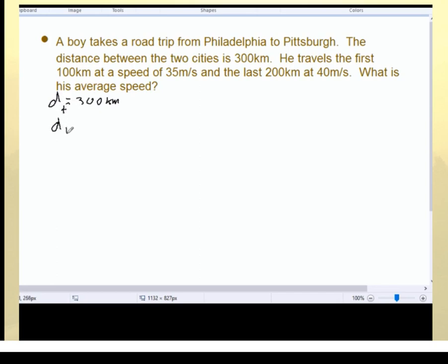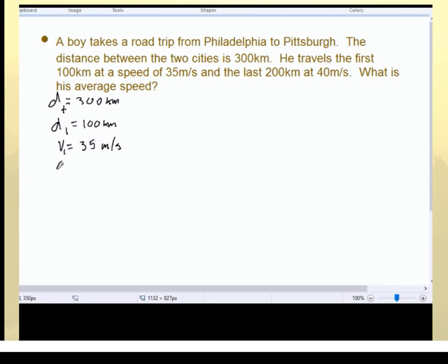The first leg of the trip, I'll call it d1, is 100 kilometers. Okay, and then it says the speed was 35 meters per second, or the velocity. It's a velocity because we know what direction it is. 35 meters per second, and that's v1.